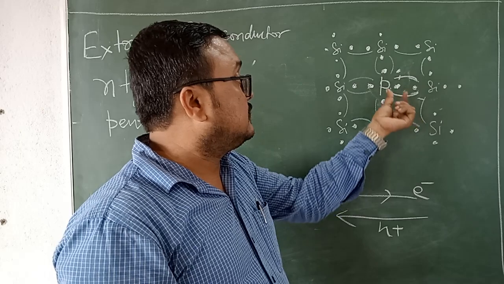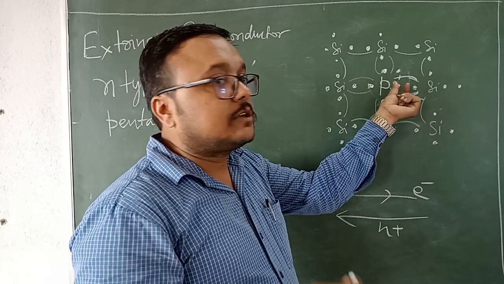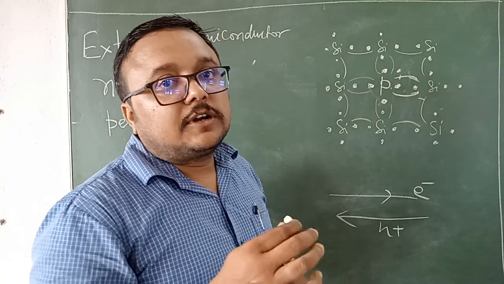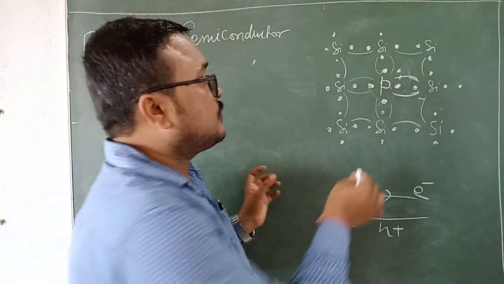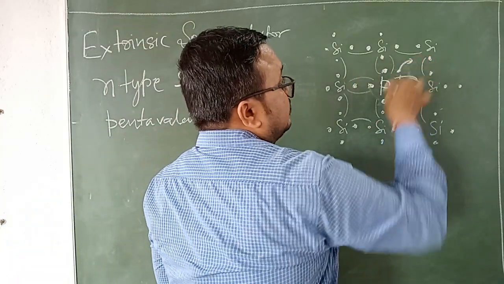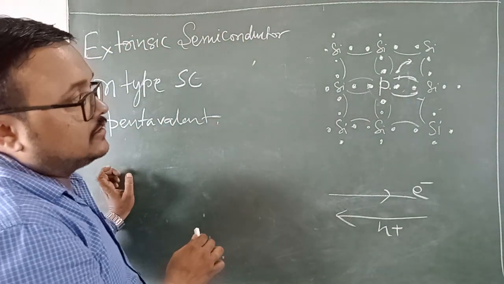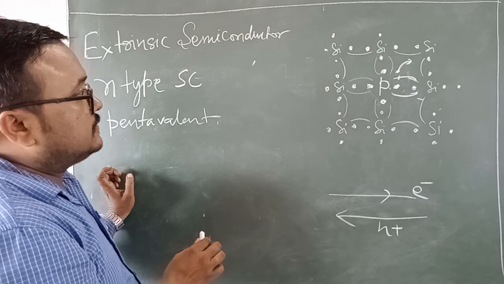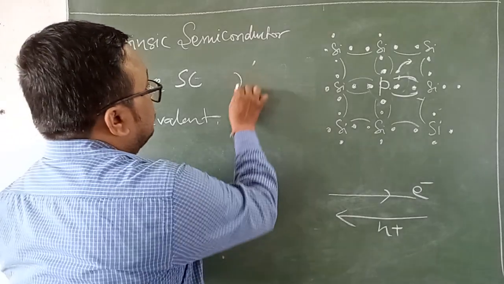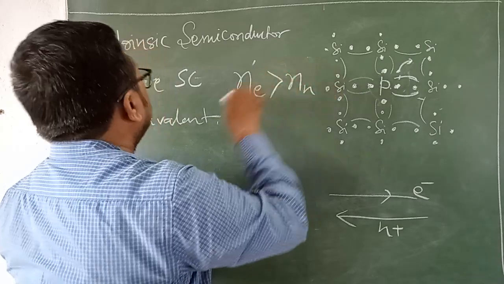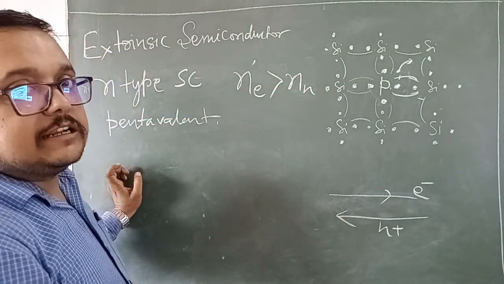A bonded electron requires more energy to become free than this electron. With only a small energy, it becomes a free electron and takes part in the current. So the number of electrons is greater than the number of holes in N-type semiconductor.